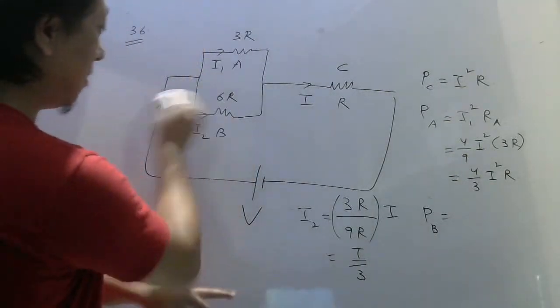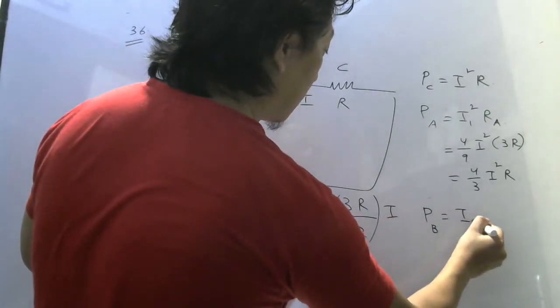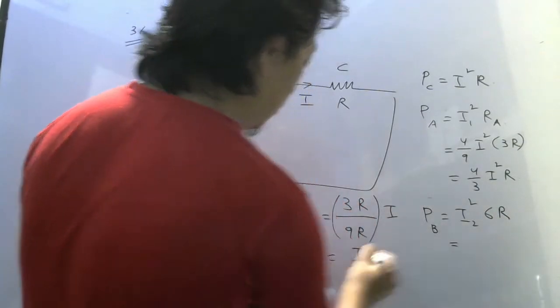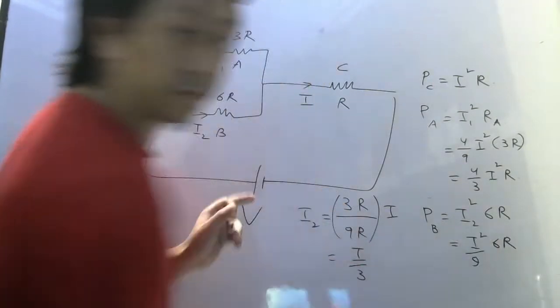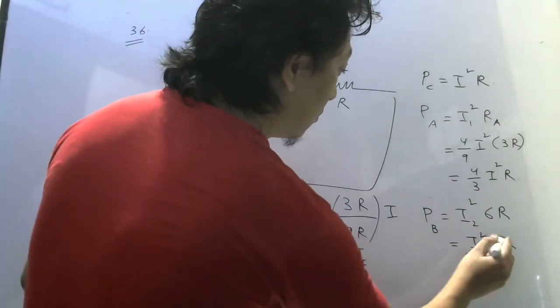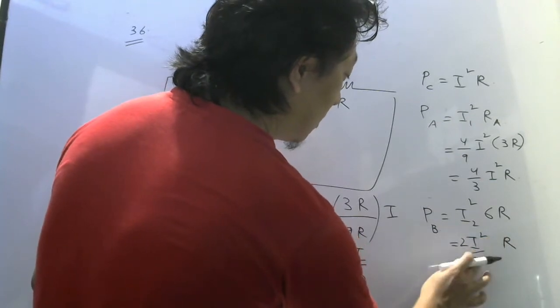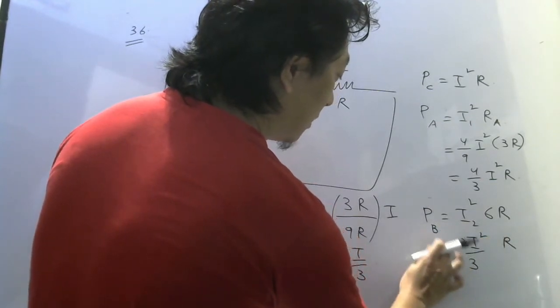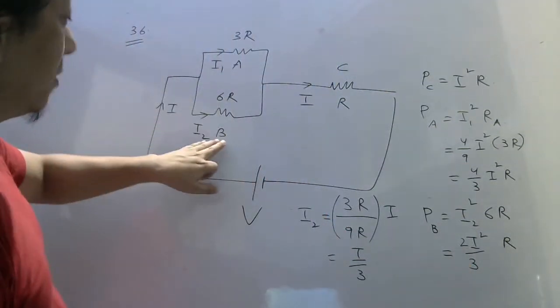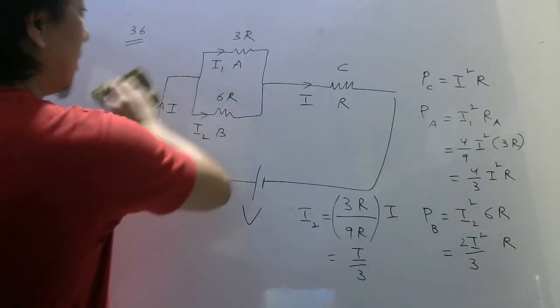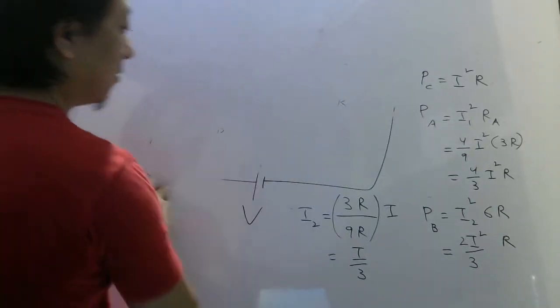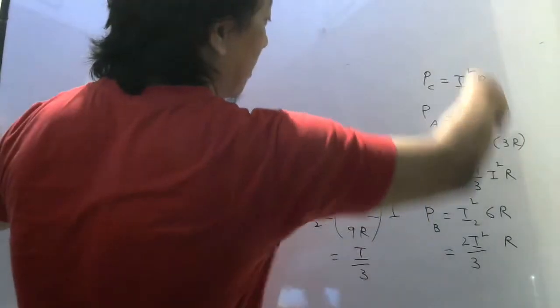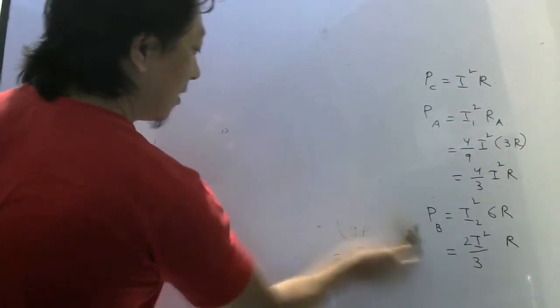So power consumed by B will be I2 square into the resistance of this, which is 6R. I2 we know is I by 3, so I square by 9 into 6R. So that is the power consumed by B. So now we know the power consumed by each resistor in terms of the same factors, I square R, I square R, I square R. So now we can easily find the ratio.